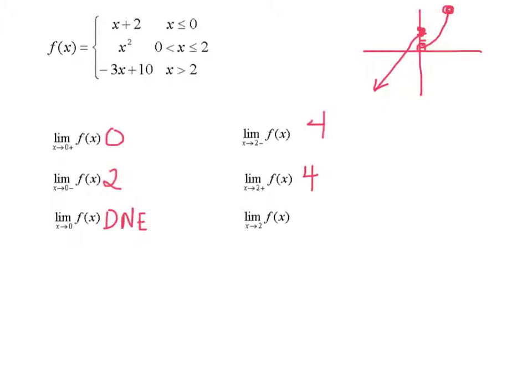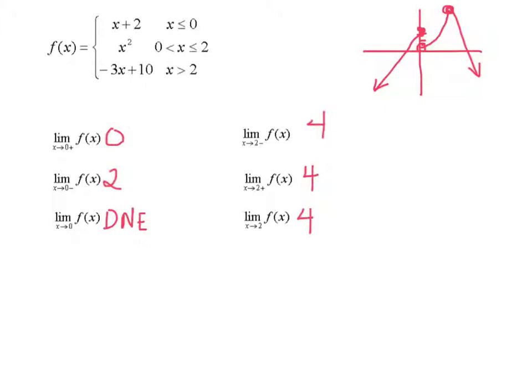So what must happen here, and I never finished the picture, but it must do something like that, because they actually do connect. So the limit there is 4, because the limit is the same from both the negative and positive side.